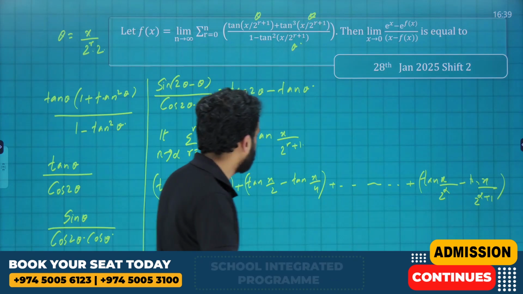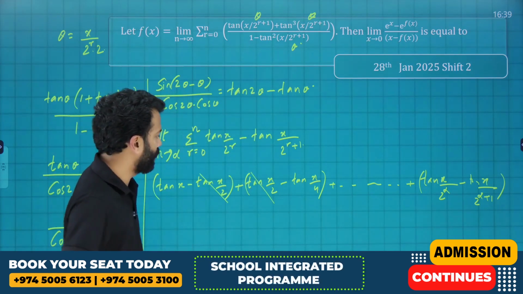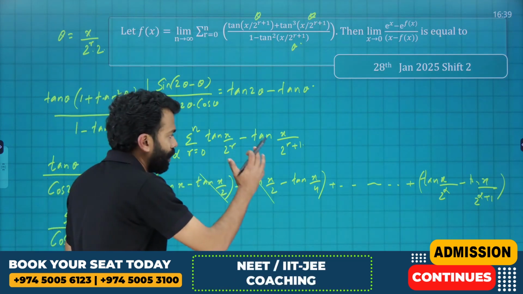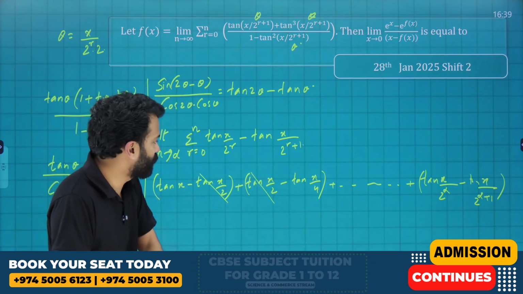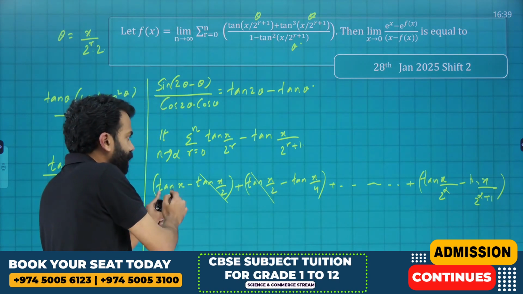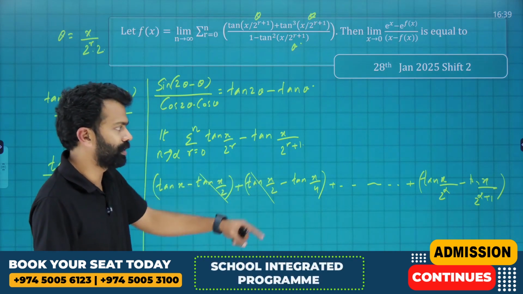If you observe the first two terms, this and this got cancelled, and only the first part of the first term and the second part of the second term will be there. Therefore here we have tan x minus tan x by 4.